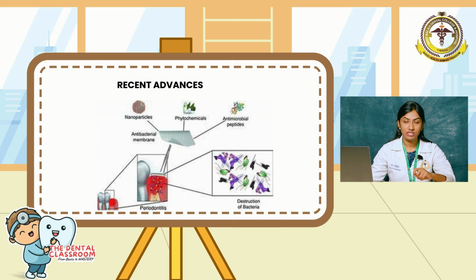So recent advances, the future directions: we have membranes which are being incorporated with nanoform based materials, phytochemicals, antimicrobial peptides, any antibiotic or growth factor based material, 3D printed membranes, customized bone grafts. So everything is now being processed and documented in literature for their studies and for finding their regenerative properties.